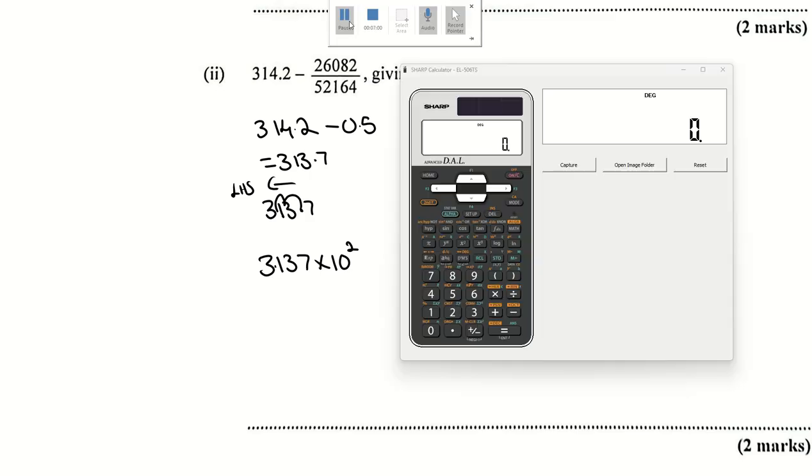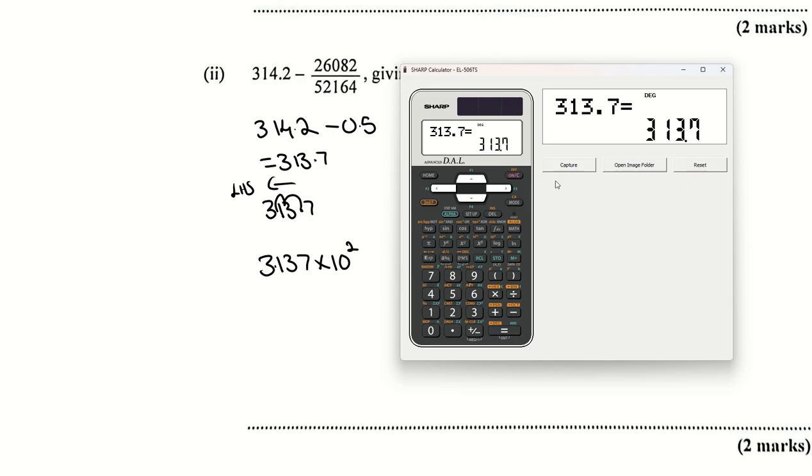Right? Now, if you put 313.7 on your Sharp calculator, set up, looking for FSE, what number is under FSE? 1. You want it in scientific notation, which is also in standard form. So they will put it in scientific notation, 3.137 multiplied by 10 to the power of 2.